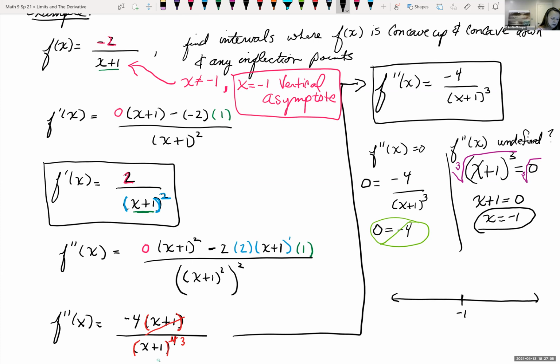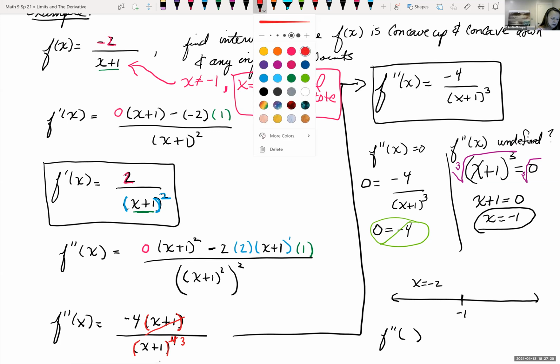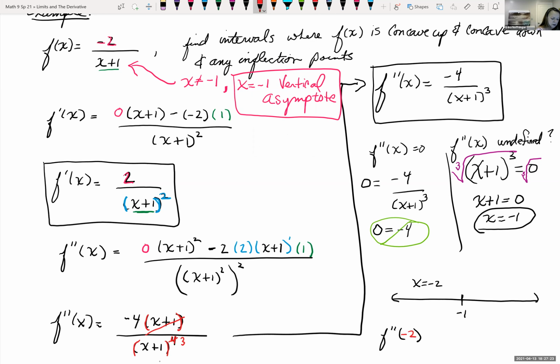And we want to test values on the left and the right by plugging them into the second derivative. If we choose a number smaller than -1, so maybe -2, and we plug it into the second derivative, really we're only worried, is it positive or negative? So my numerator is always going to be negative. If you take -2 plus 1, that's negative, cubed is also negative.